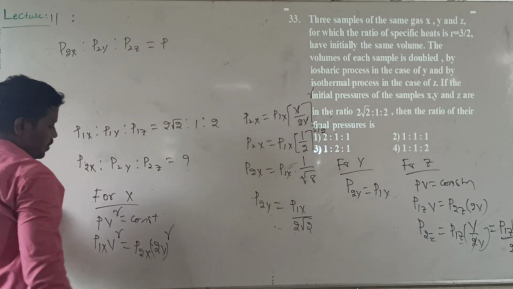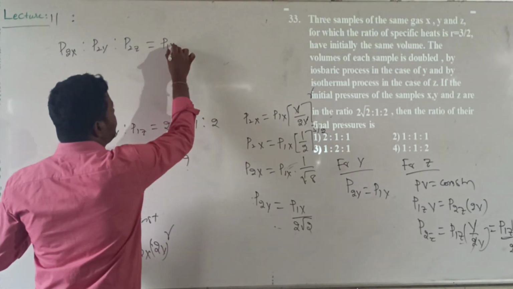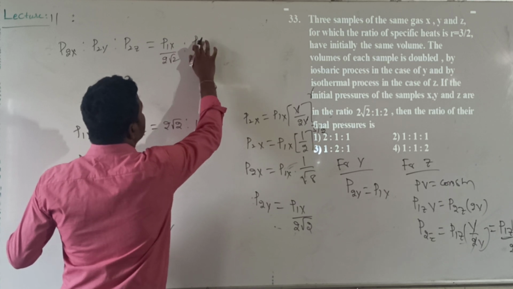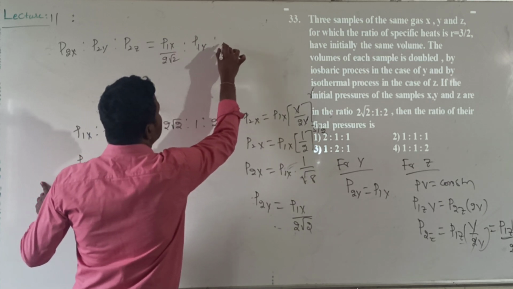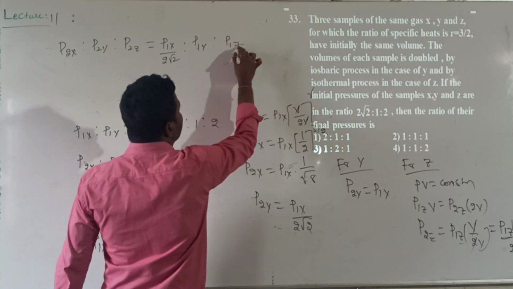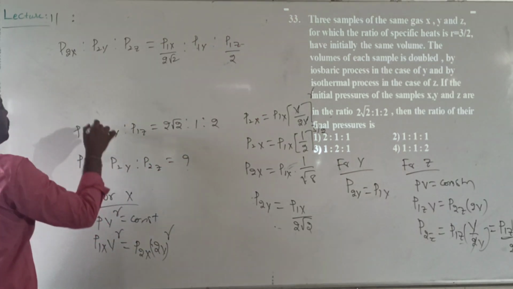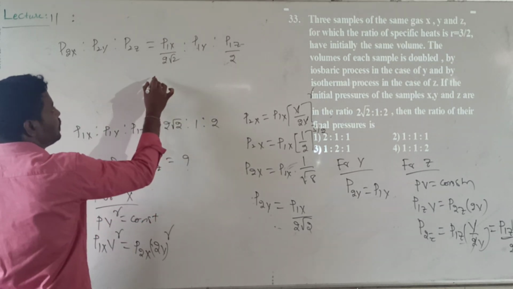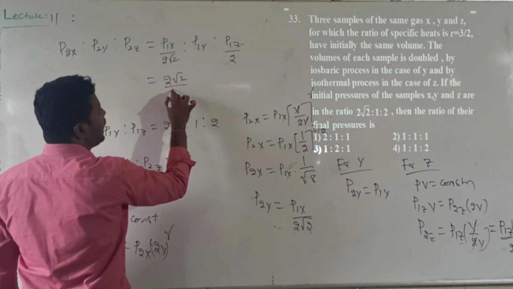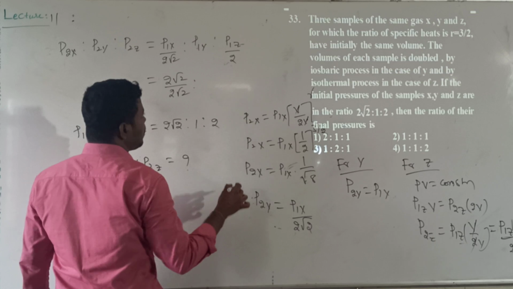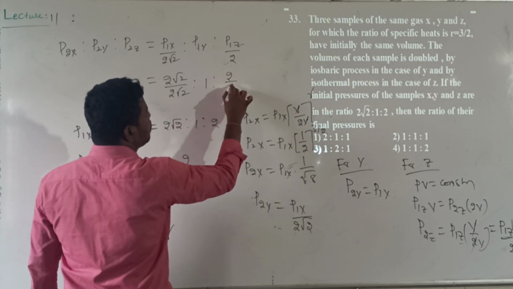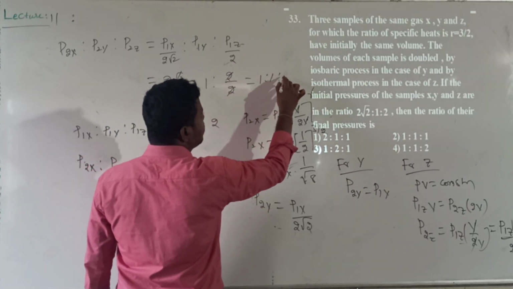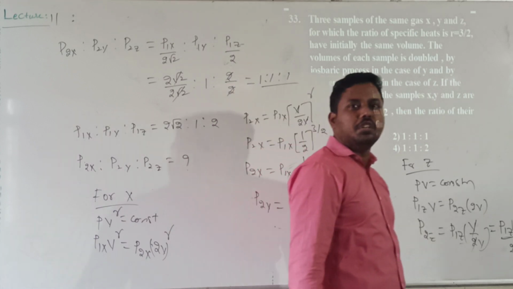P2x value is P1x by 2 root 2, is to P2y value P1y, is to P1z by 2. They gave the ratio of P1x is to P1y is to P1z as 2 root 2 is to 1 is to 2, so it becomes 2 root 2 by 2 root 2 is to 1 is to 2 by 2. The 2 root 2 cancels, 2 cancels. Final answer is 1 is to 1 is to 1.